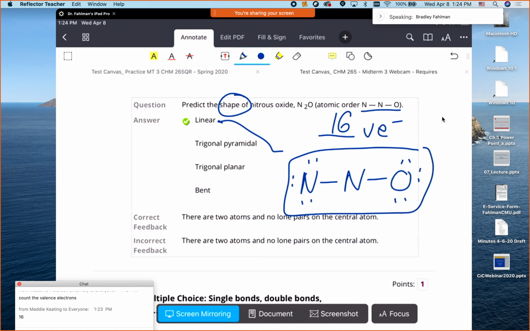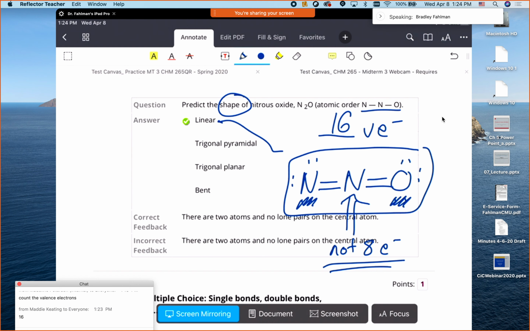But there is a better Lewis structure because this nitrogen doesn't have an octet. Okay, so it doesn't have an octet. So the way we do that is this, and we can do it over here. Okay, so now we have an octet for everything.